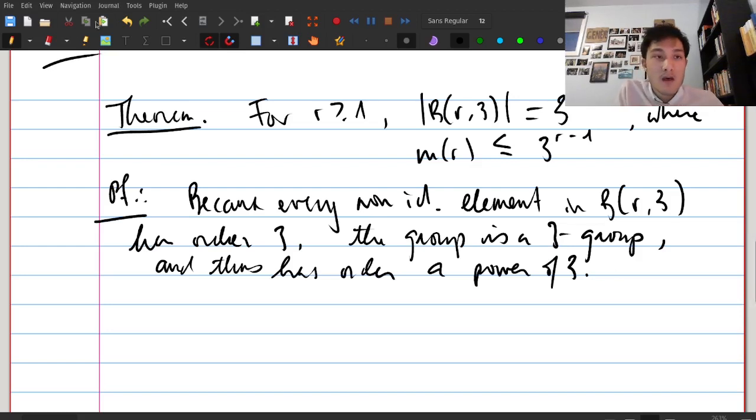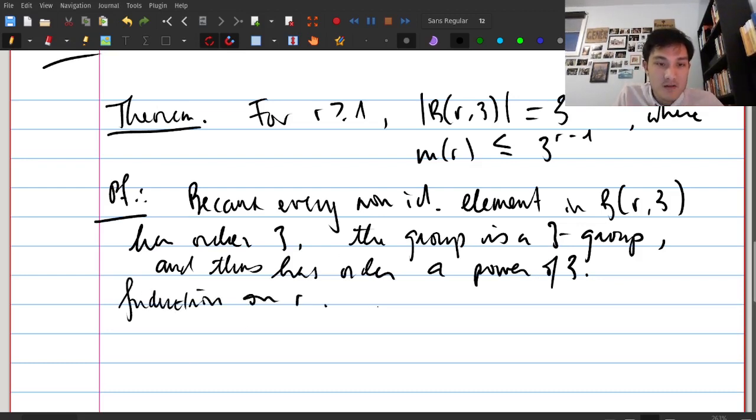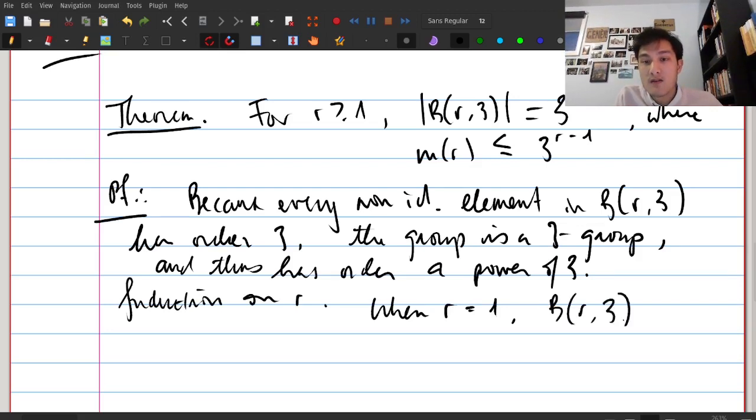Now we're going to do the induction on r. When r equals 1, that's one generator. It has order 3, so B(1,3) is isomorphic to Z/3Z, which is obviously finite.